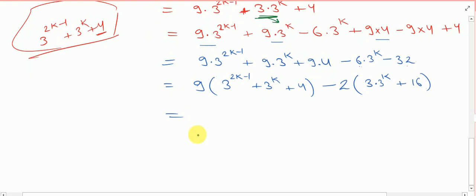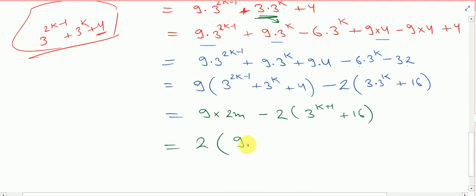So I can write 9 into this 2m, and here minus 2 times this one, 3 into 3 to the power k, so this can be written as 3 to the power k plus 1 plus 16. So 2 is common, so 2 comes out, so you are left with 9m minus 3 to the power k plus 1 minus 16.